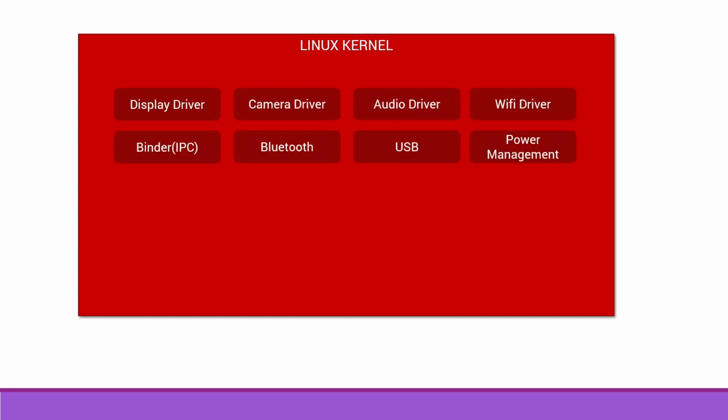Linux kernel. The Linux kernel is the foundation layer at the bottom of the Android architecture. It manages all the drivers such as display driver, camera driver, Bluetooth driver, audio driver, etc., which are primarily required for Android devices during runtime. The kernel is the central component of any operating system, responsible for communicating with and controlling the underlying hardware.